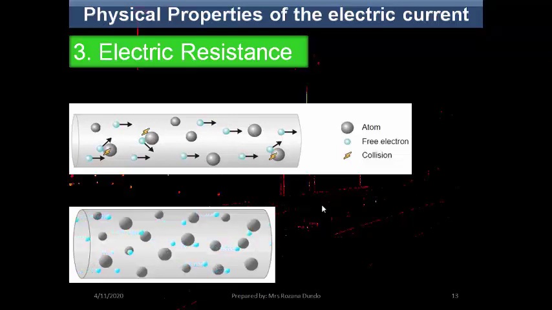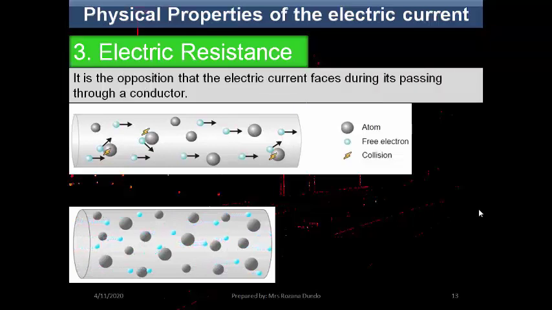As you might see here, there is a collision between the electrons and the atoms of the lattice. The conductor thus exerts a resistance on the electric current that must be overcome by the voltage. So the electric resistance is the opposition that the electric current faces during its passing through a conductor.